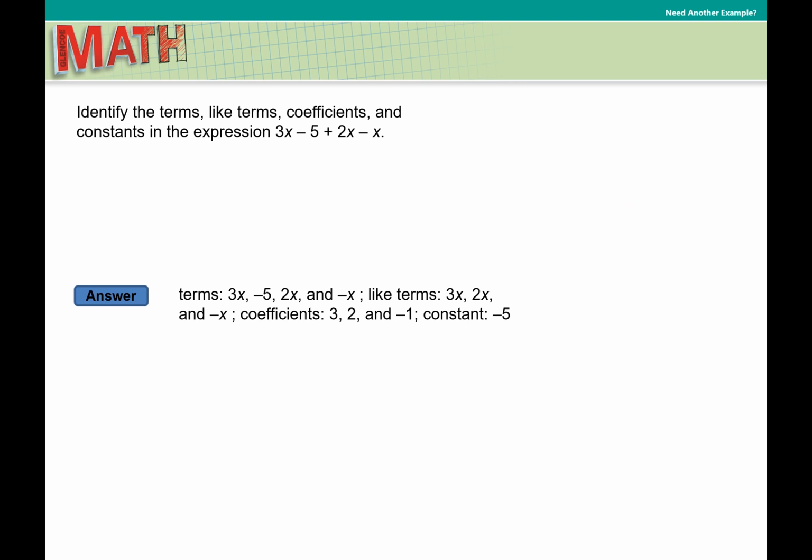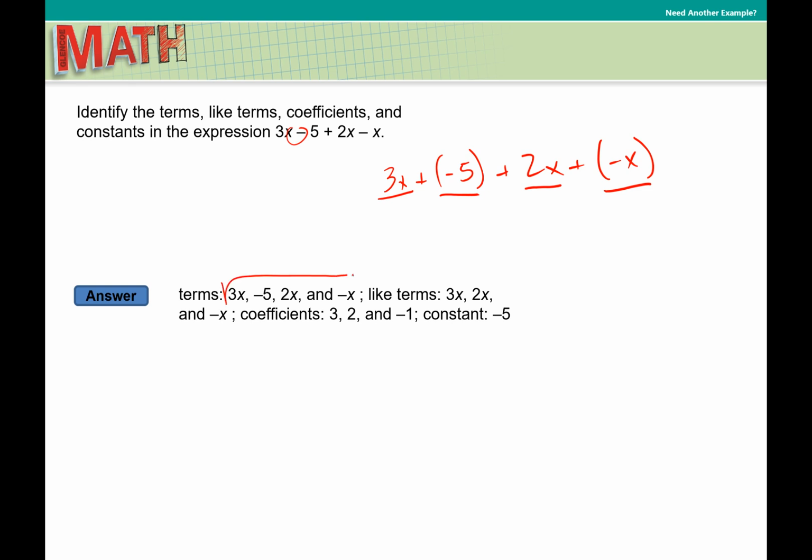Okay, so there you have it. Your terms, once you change that, right, 3x plus negative 5, remember subtraction is the same thing as addition of a negative, plus 2x plus negative x. So we separate the terms out. We have 3x, we have -5, we have 2x, and we have -x.